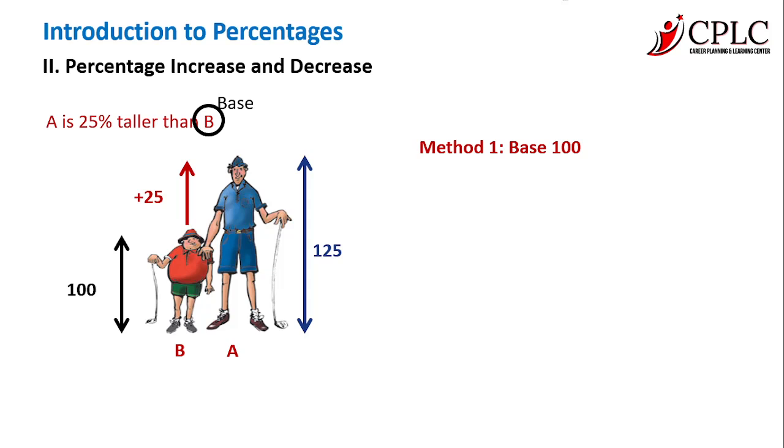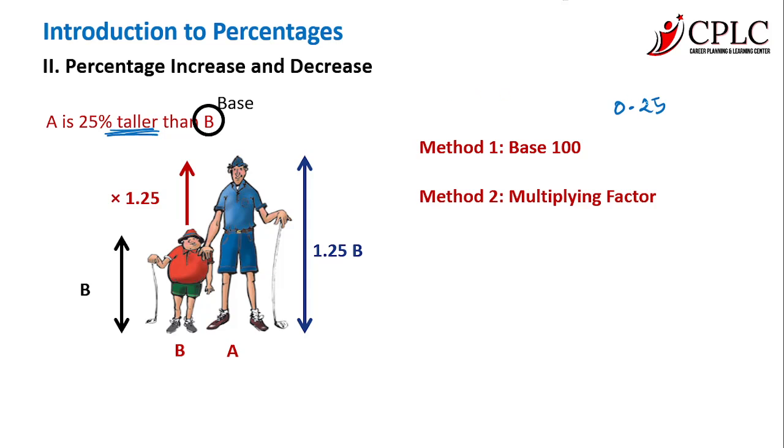Then the next method is called the method of multiplying factor. Now, what is this method? We first need to convert 25% into a decimal. So 25% is 25 upon 100, which reduces to 0.25. And because we are doing a percentage increase, which we understand from the word taller, you have to add this 0.25 and hence it becomes 1.25.